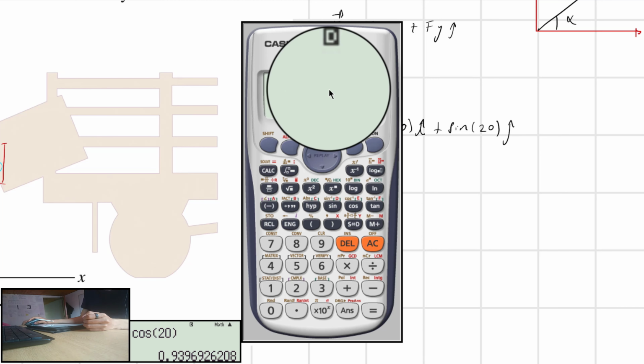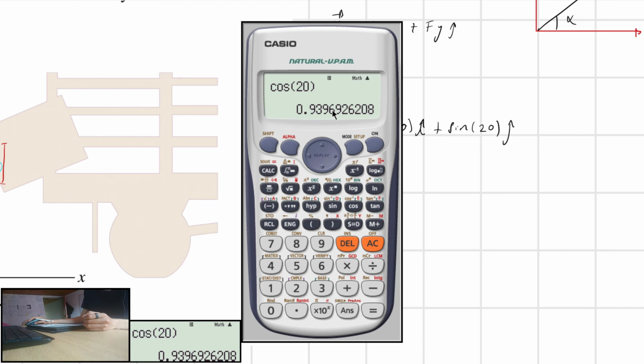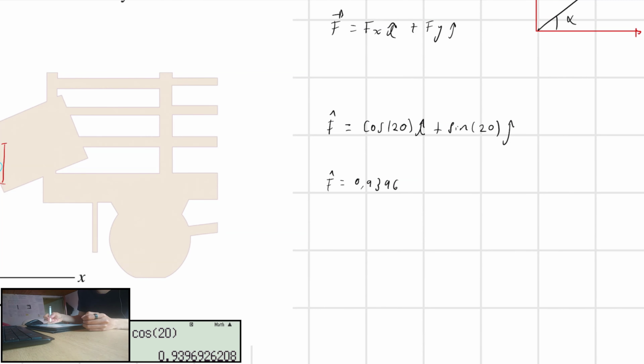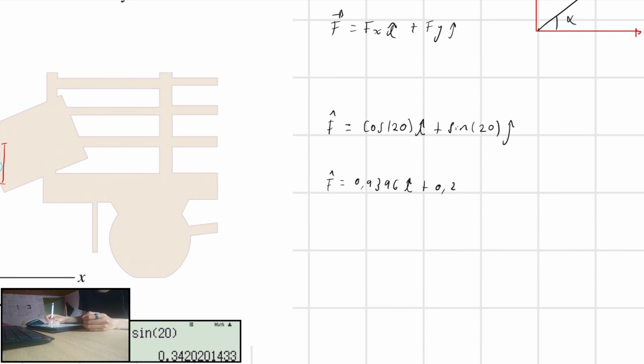If I change this to radians, it is going to change our value. So the unit vector f is equal to 0.9396 in the I direction plus the sine of 20, 0.3420, in the j direction.